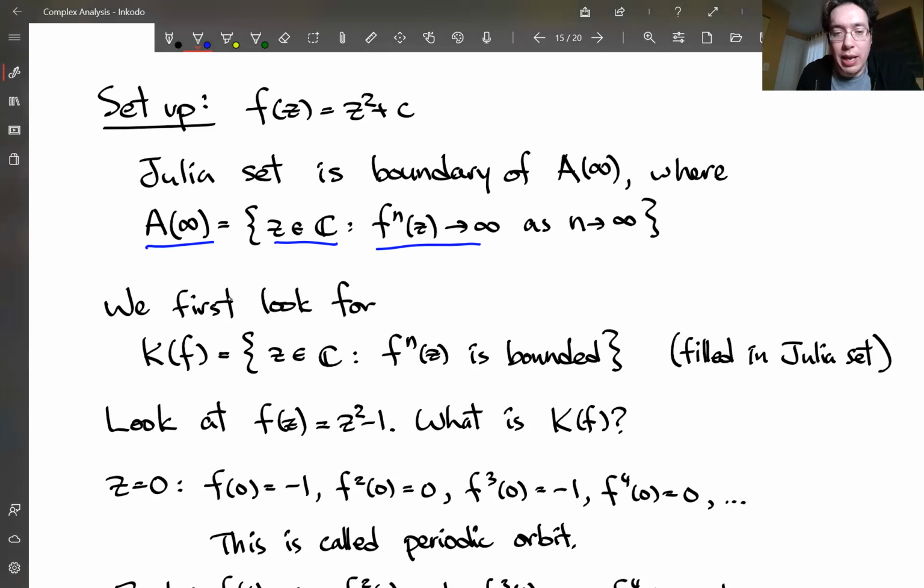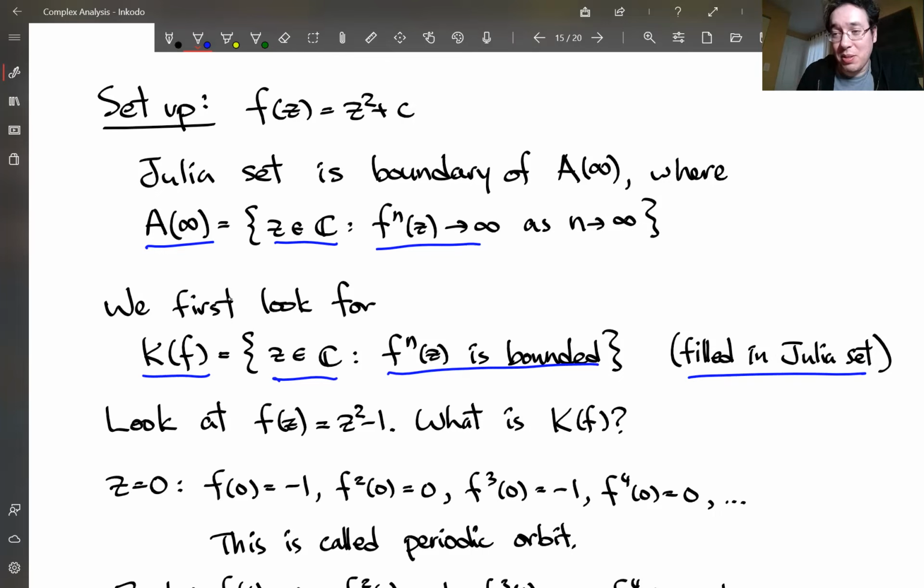Okay, it turns out that it's a little bit easier to compute the filled-in Julia set. So instead of J of f, I'm going to write K of f. These are all the z values such that the iterates are bounded, so everything that's not in the basin of attraction to infinity.